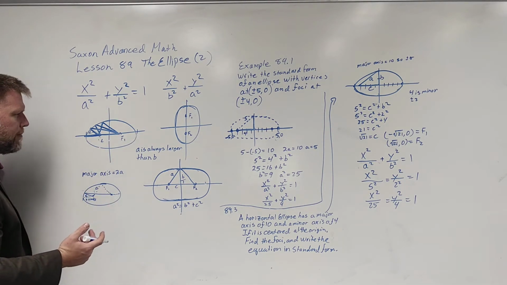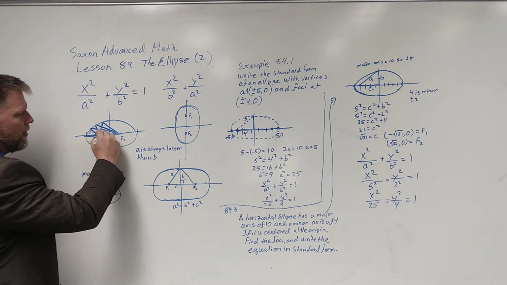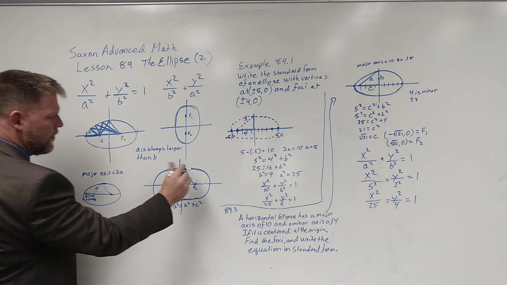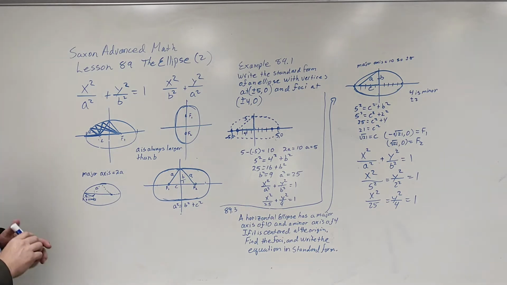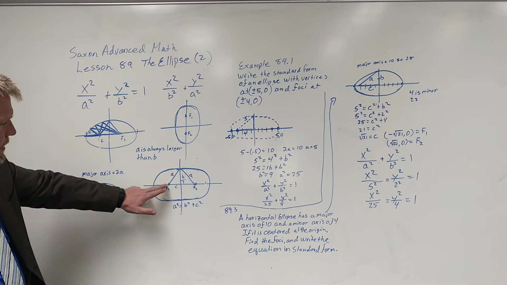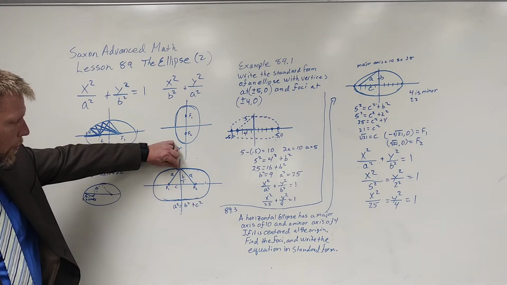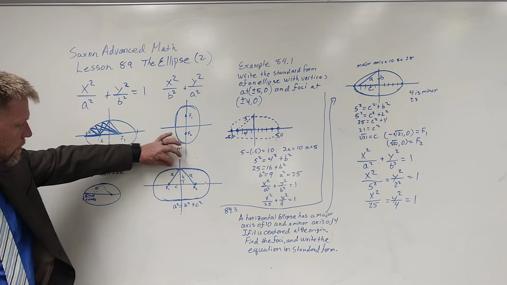Now, where does a come in? A is the value if I were to put this line right here up on this and come down. Now, I've drawn it here. This is a and this is a, and the two a's are equal, because they're exactly in the middle. Half the string is on either side of my pencil mark.